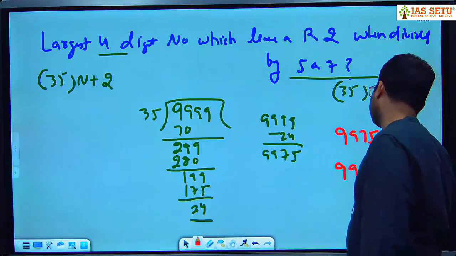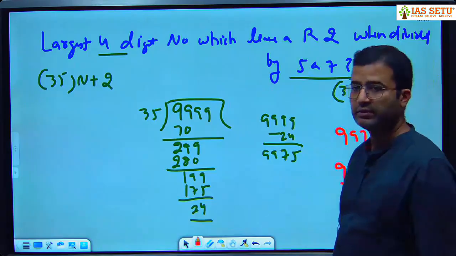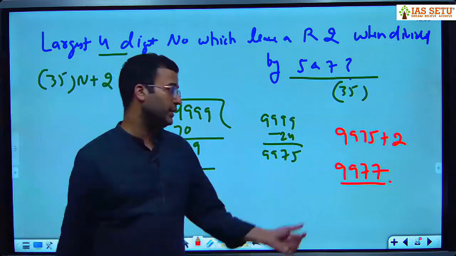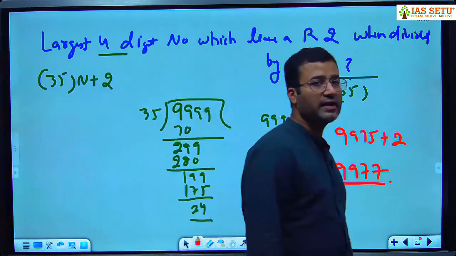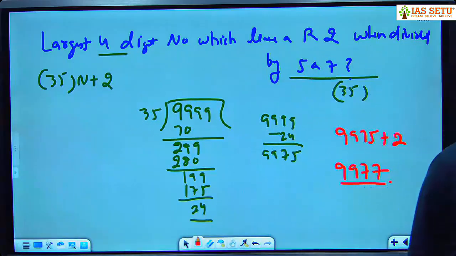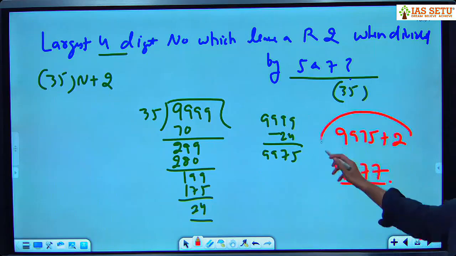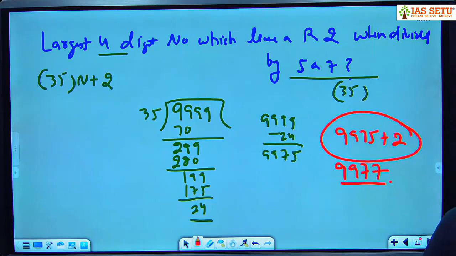So our required number is 9977. Same like type 4, but we have one extra step, remainder. So you add remainder in the last step. 9977 is the required number, which when divided by 5 gives remainder 2. When divided by 7 also leaves a remainder 2. Is this point clear? Because we are looking for remainder 2.